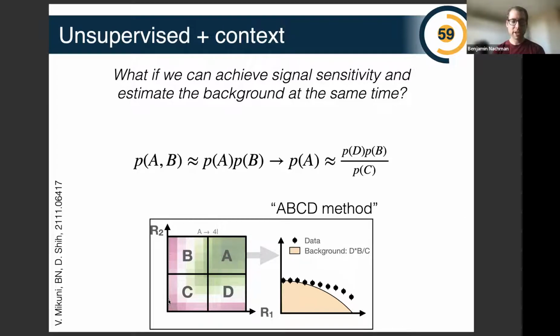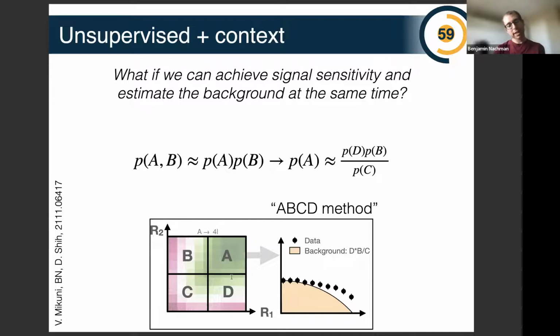So the idea is, imagine I have a plane where I have R1 and R2, these are the reconstruction losses. And if they're independent, then the density of the joint distribution factorizes. So imagine I have 4 regions in this plane, A, B, C, and D. The point is that I can use the independence of the densities to use the marginals to estimate this top right part.